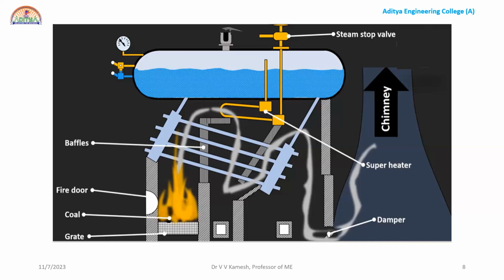Now we have a small item in between: the superheater, right? What is a superheater? We know about the economizer and air preheater. With a superheater, the steam that is produced inside is again circulated through the hot gas area, so that some of the heat of the hot gases is transferred to the steam, and the steam gets superheated.